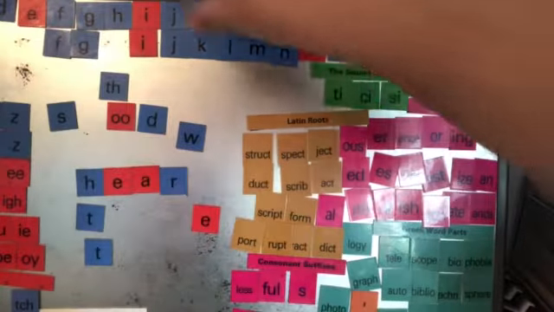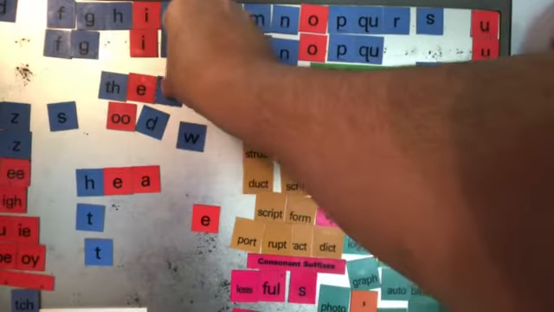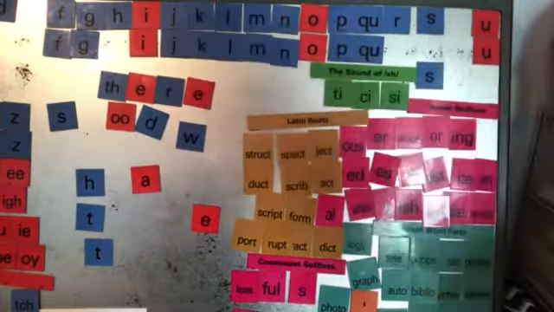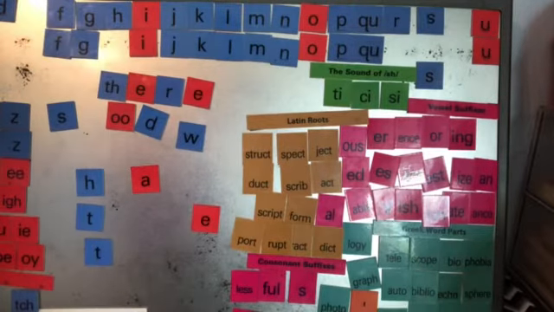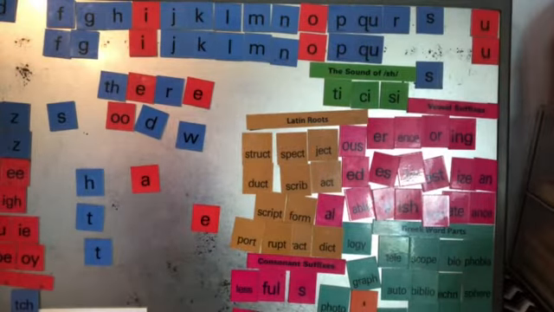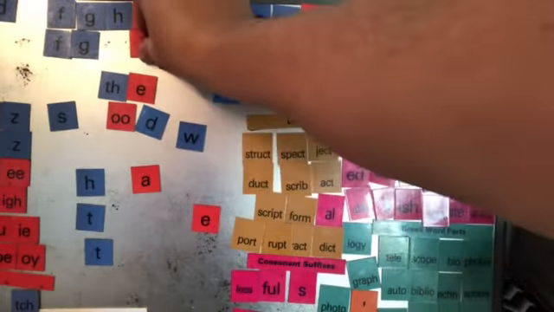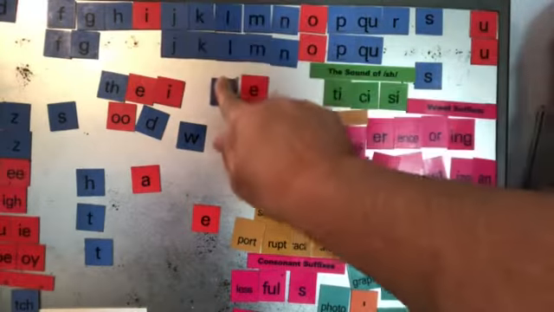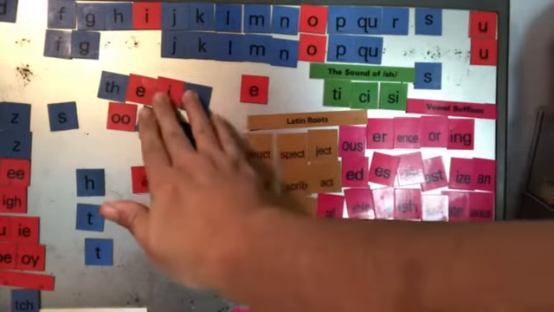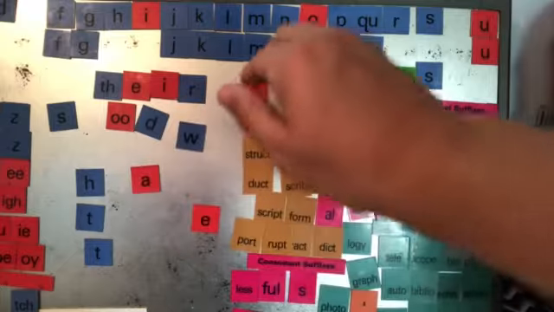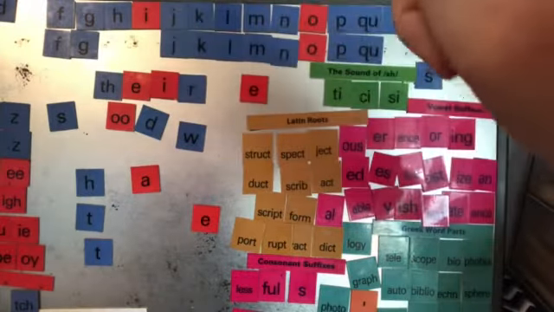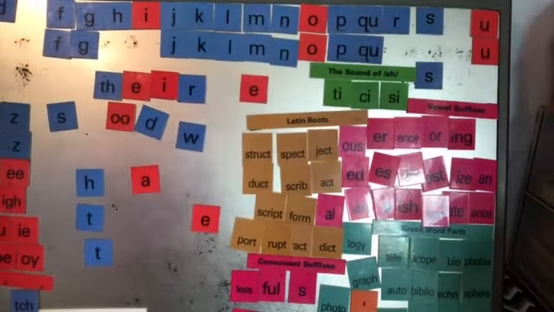TH, E, R, and a second E. That means the place. I want to go there, meaning a place. There's another there, meaning talking about people. And that is E-I-R. Their homework. Talking about people's homework. Their homework is spelled T-H-E-I-R.